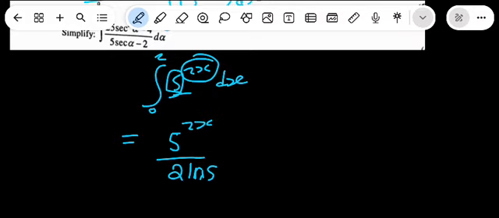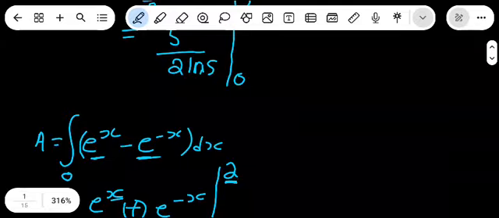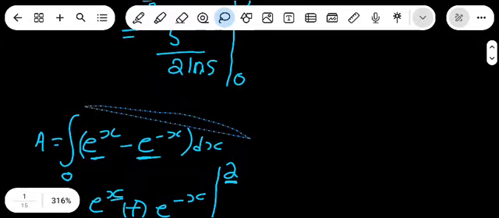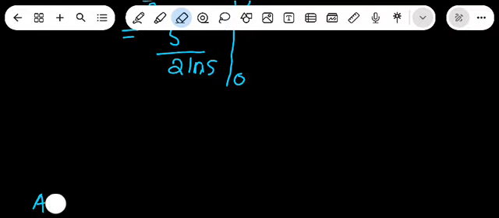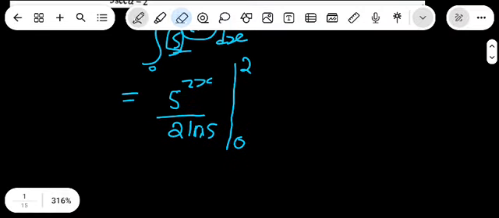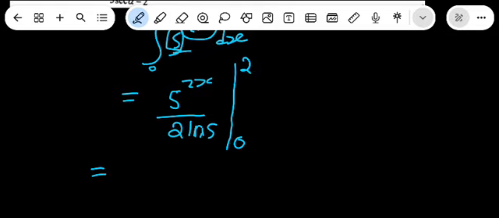So this is evaluated from 0 up to 2. We'll have 5^(2x), and when you see x equals 2, you plug in the upper limit.